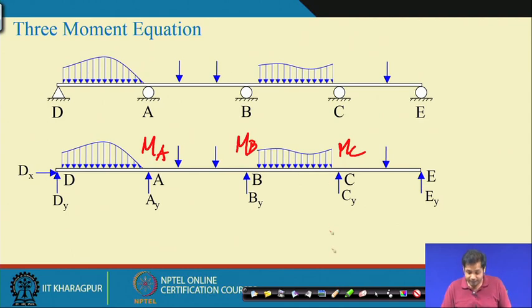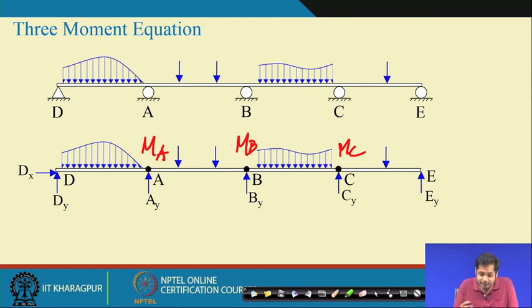It means that instead of the continuous beam, we now provide some internal hinge at points A, B and C. If you recall, that was the first step we did while deriving the equation for three moments.